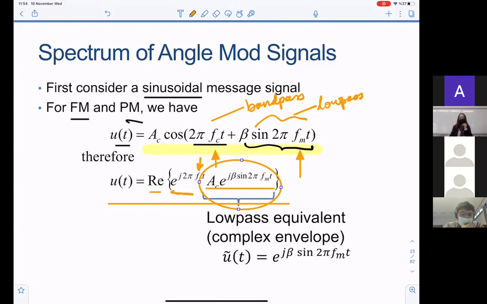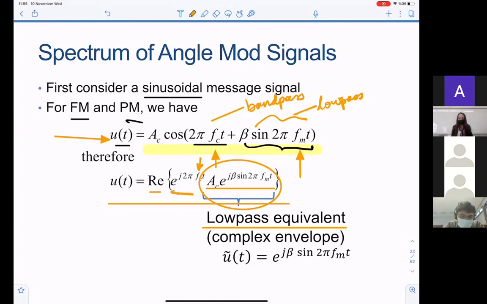This complex envelope is not an actual signal that exists in our system, because the actual signal is a real valued signal. It's this U of t. That's the actual signal. However, mathematically, the complex low pass equivalent is going to be convenient to work with.